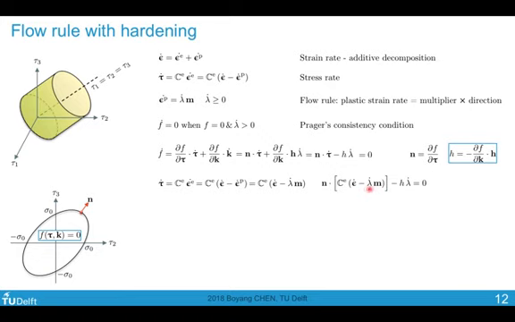And then we group the terms on lambda dot and establish an expression for lambda dot in terms of the rest of the components in this equation, and we get this expression. Note that the only difference between this expression and the expression without hardening is the addition of h on the denominator.